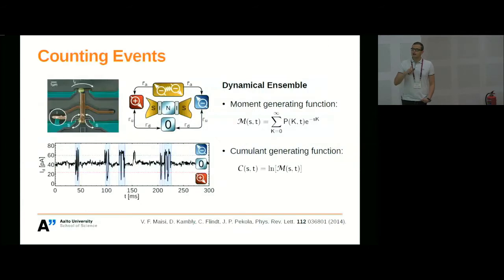Okay. So how do we describe that? Here's again a scheme of the setup. We have the normal conducting island with the superconductors, separated by insulating barriers. And this is the state diagram. It's very simple. This is the zero charge state. Then we have some rates.